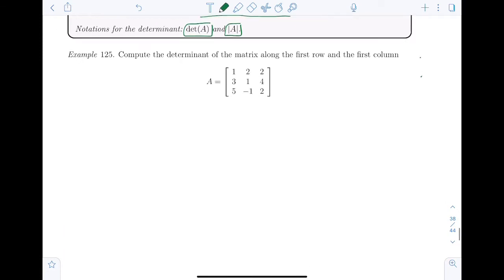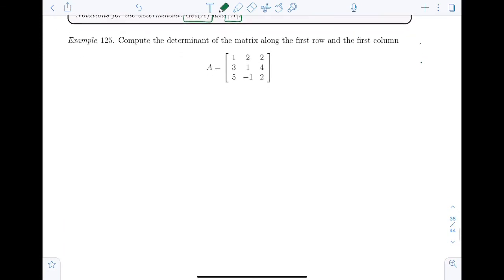Compute the determinant of the matrix along the first row and first column. Let me do it along the first row first because that will be very familiar to you. So the determinant of A is going to be A11 times C11. We multiply the entry with the cofactor.